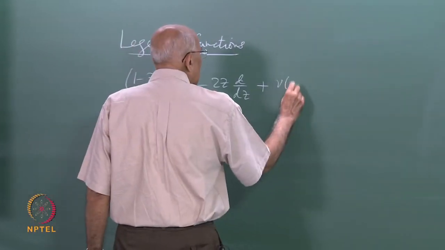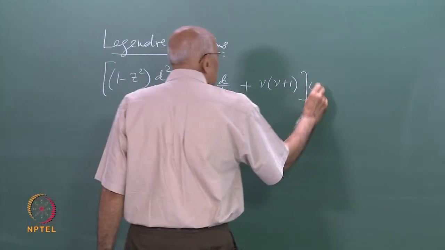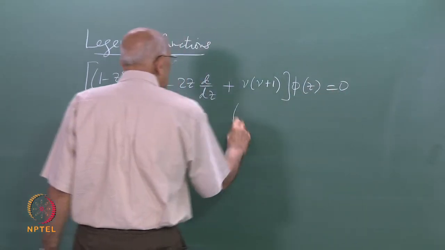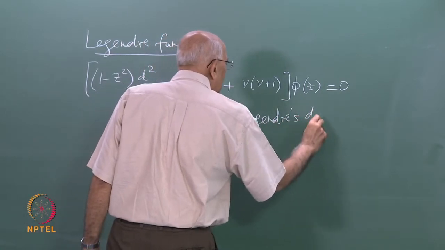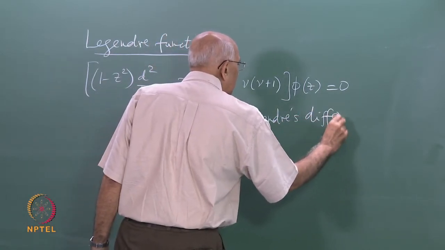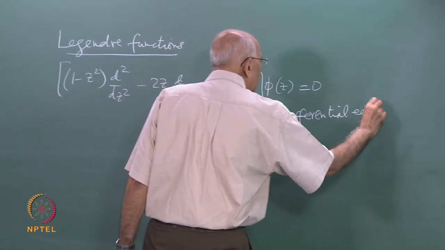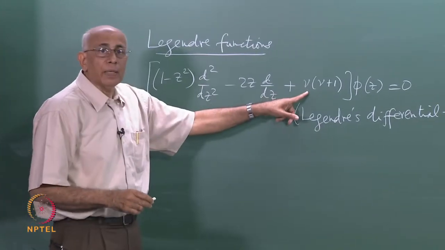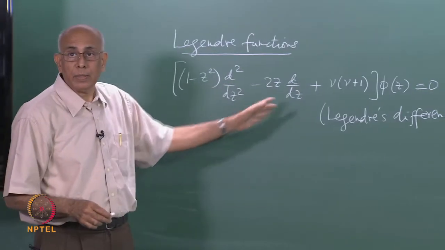So nu times (nu plus 1), this operator acting on some phi of z equal to 0. This is Legendre's equation. And in general this is some complex variable parameter, and this is also a complex variable.